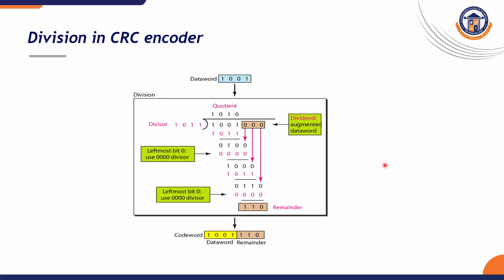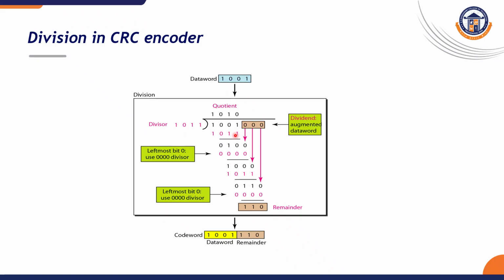which is explained by means of an example where the divisor is 1011 and the data word is 1001. We get the augmented data word by appending zeros at the end of the data word. The number of zeros appended depends on the number of bits in the divisor. If the number of bits in the divisor is 4, then 4 minus 1, that is 3 zeros, are appended at the end of the data word.